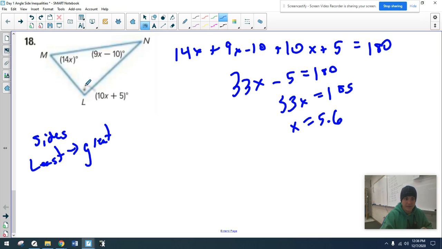So that's going to give me about 61. Okay, then I can plug it in right there. So 9 times the 5.6 minus 10 is going to give me about 40-ish. And then if I do 14 times 5.6, that's going to give me about 78.